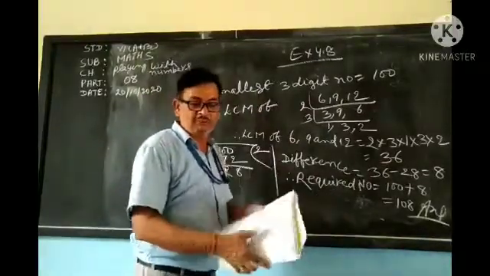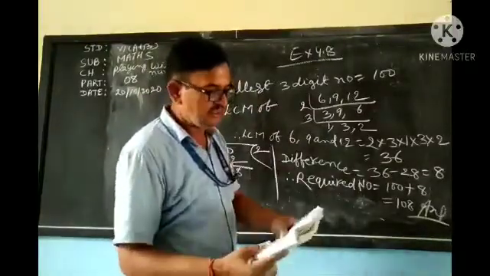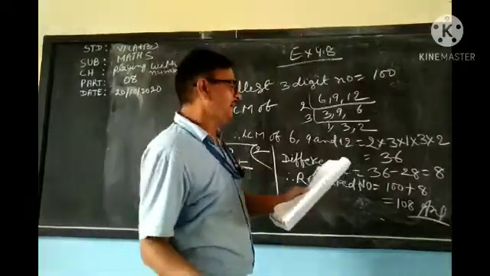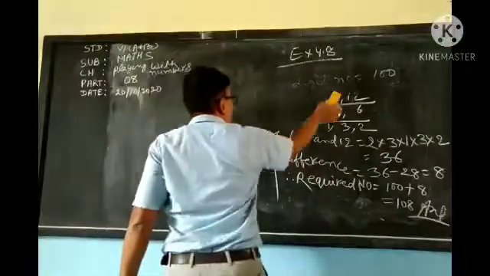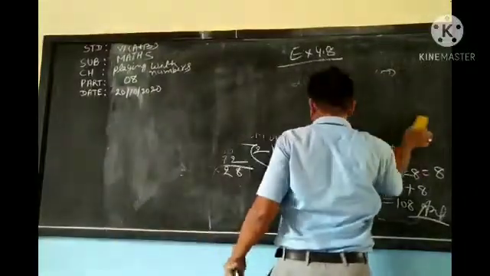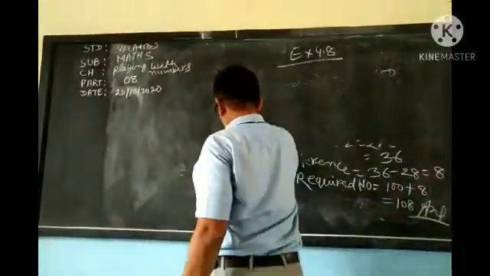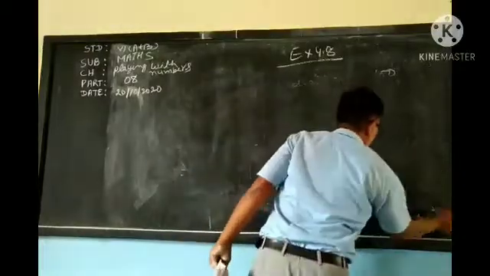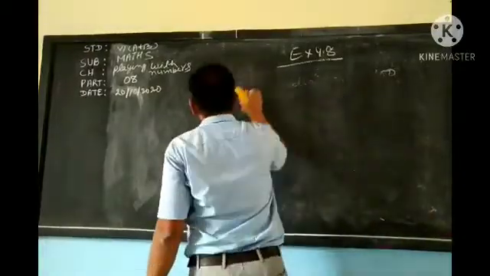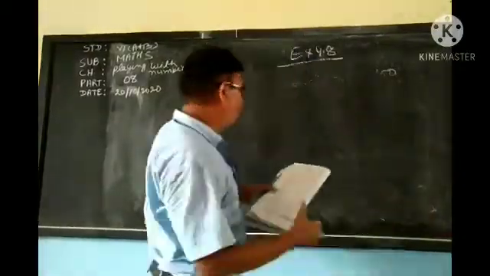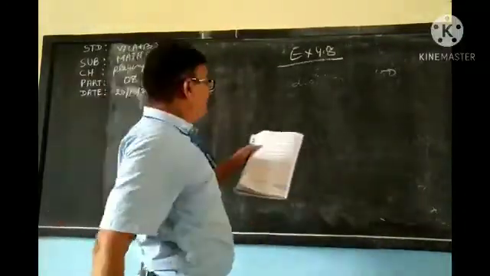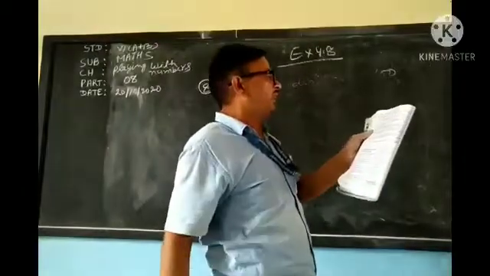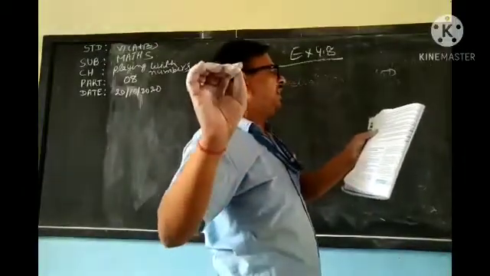Now question number 8. There are 3 bells that toll at the interval of 9, 12 and 15.